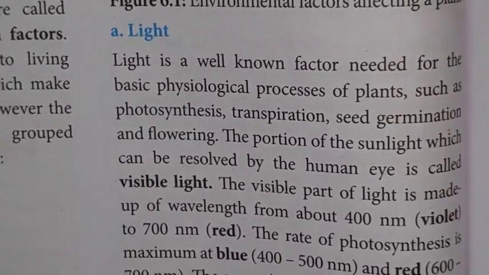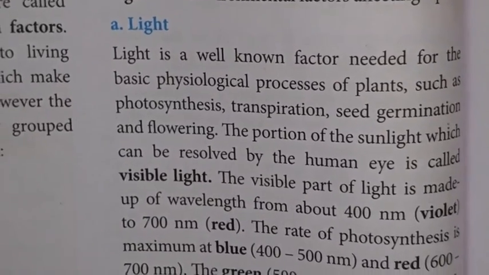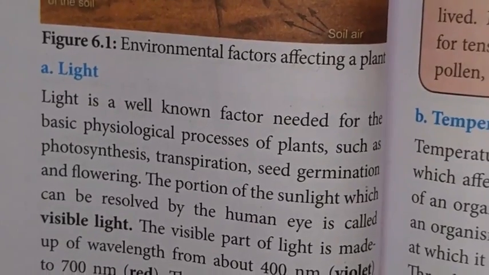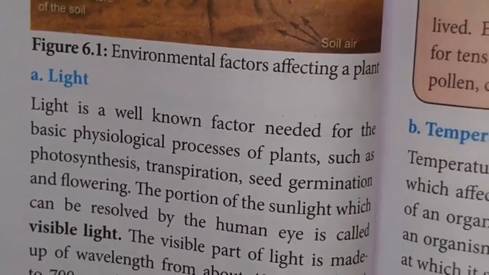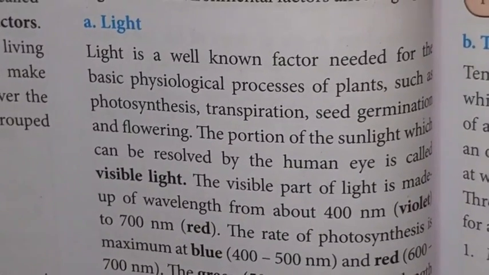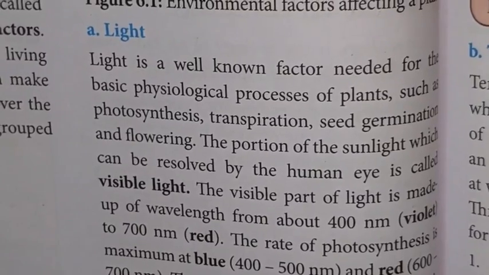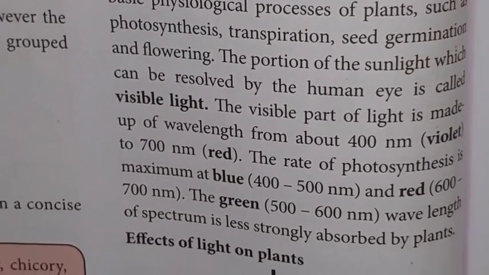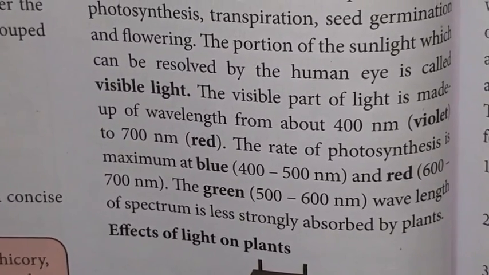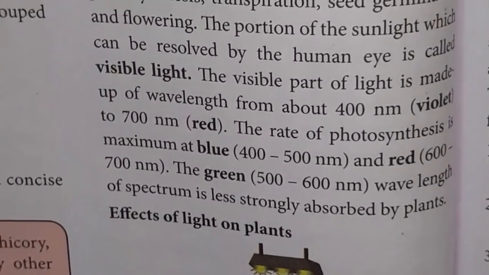So light plays a very important role in the plant's life for photosynthesis, transpiration, germination, that is seed germination, and flowering. The portion of the sunlight which can be resolved by the human eye is called visible light. So the light which can be seen through our naked eye is called visible light.